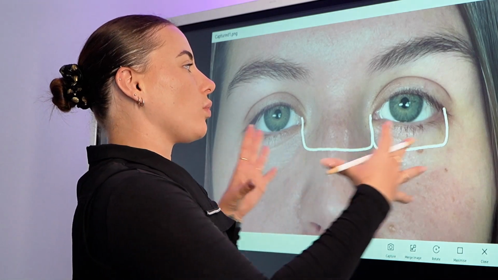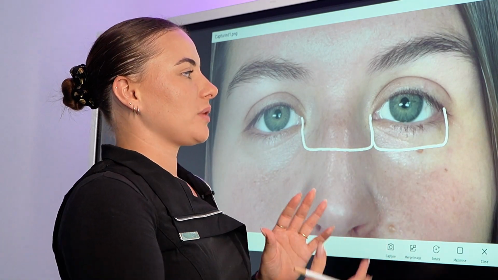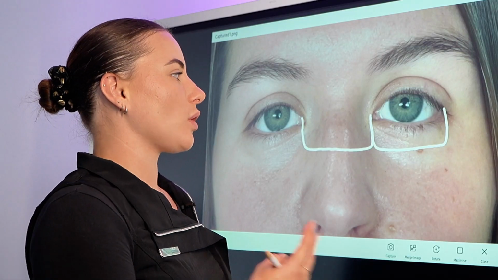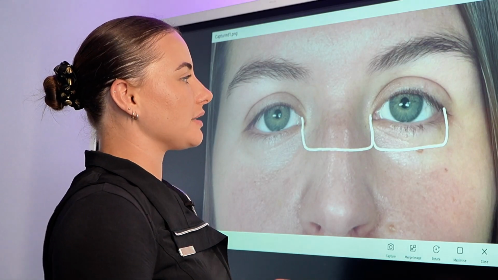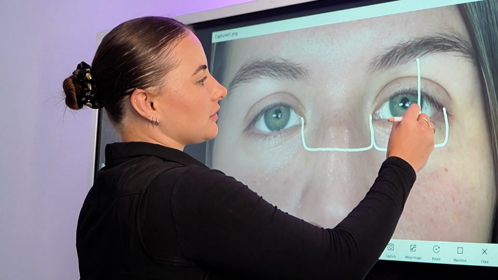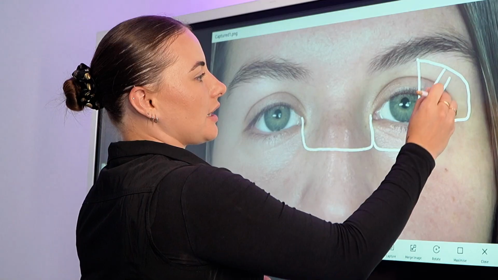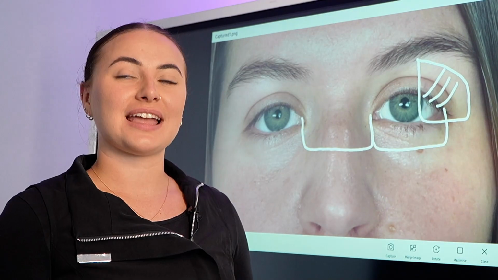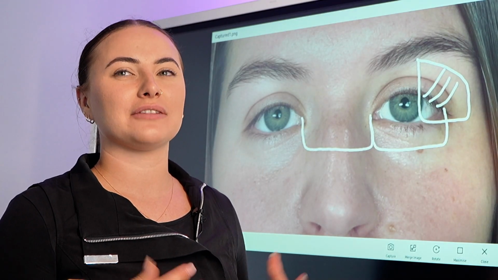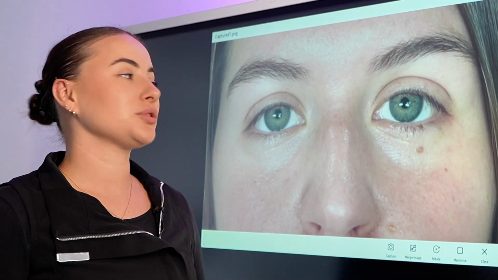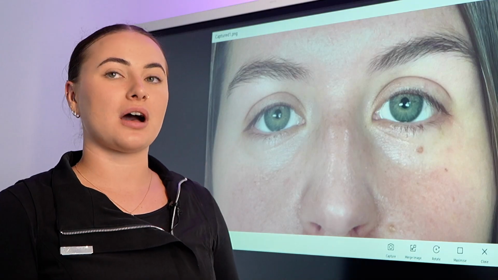So she does have more wide set eyes, which is where we start to look at the client's lash direction, and what would be the best fit for this client would be perhaps angling the lashes in this outer corner in more of an outwards position. And this would help draw the eyes outward to give more balance and symmetry to our client's face. A cat eye effect would also work really well for this downturned eye shape.